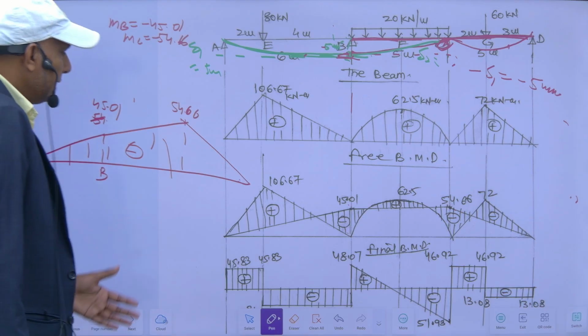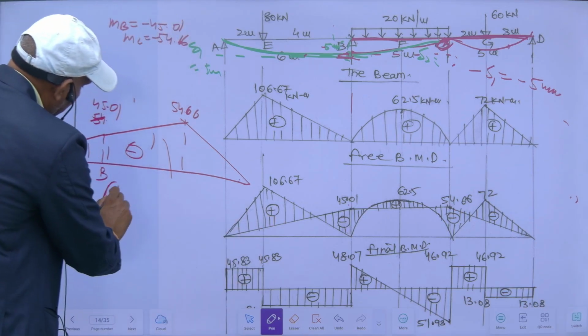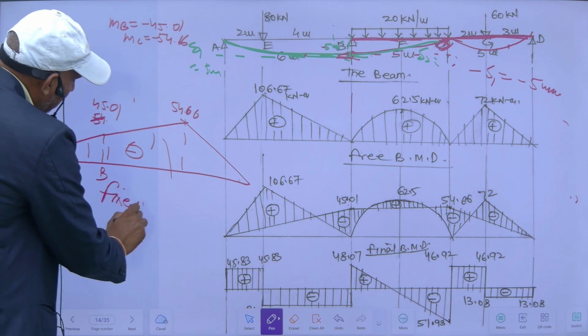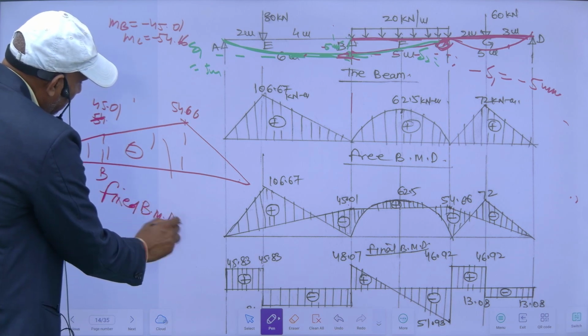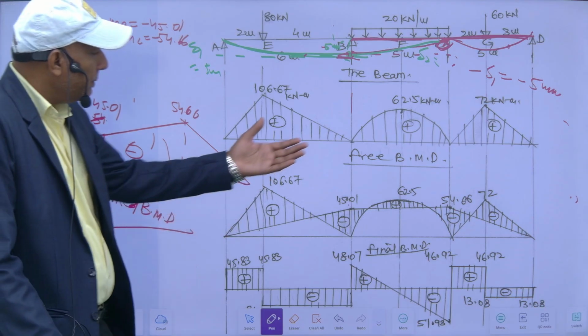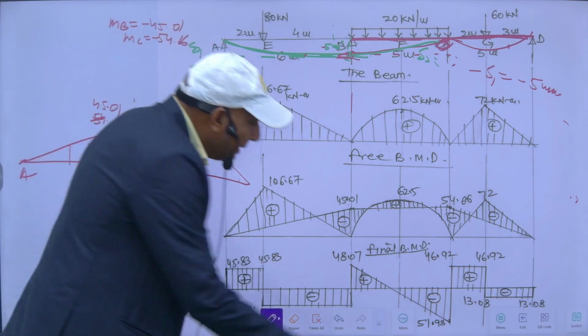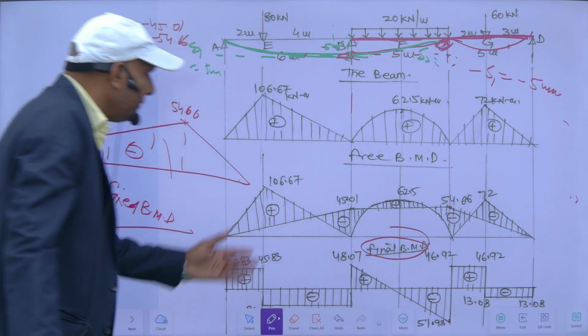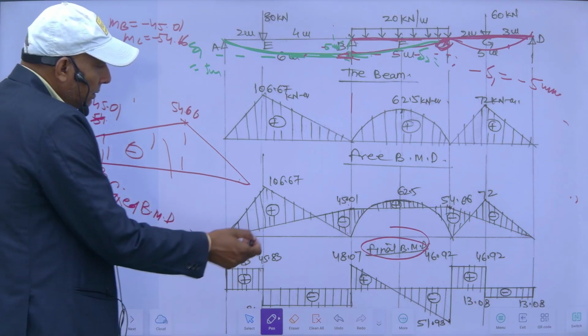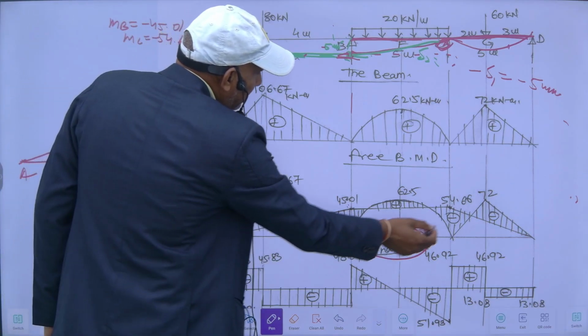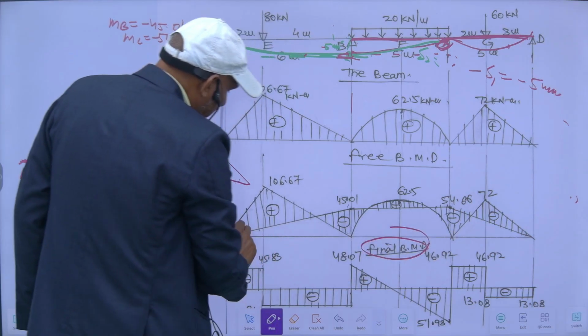So if I superimpose, this is my fixed BMD, and this is the free BMD. When I superimpose both the diagrams, I will get the final BMD. So this is the final BMD. So it is 45.01, 54.66.